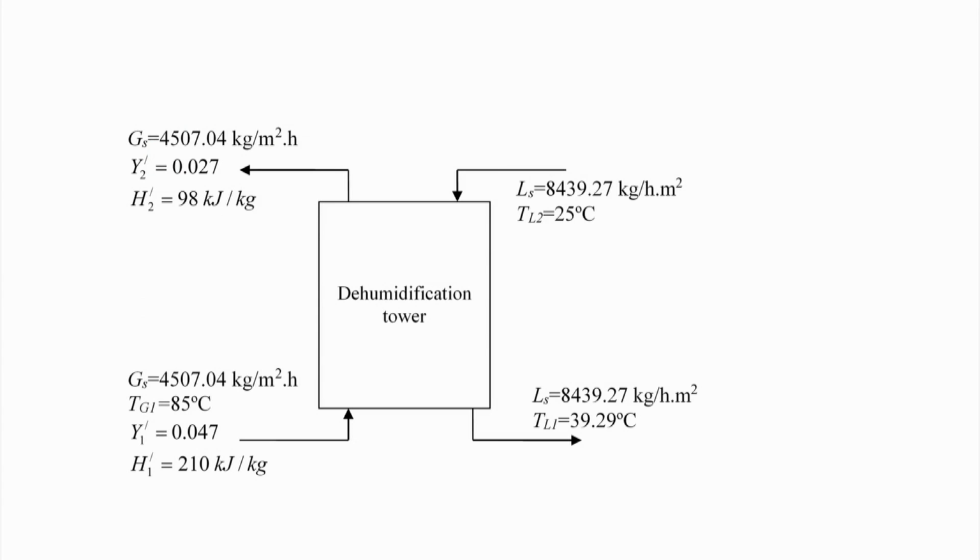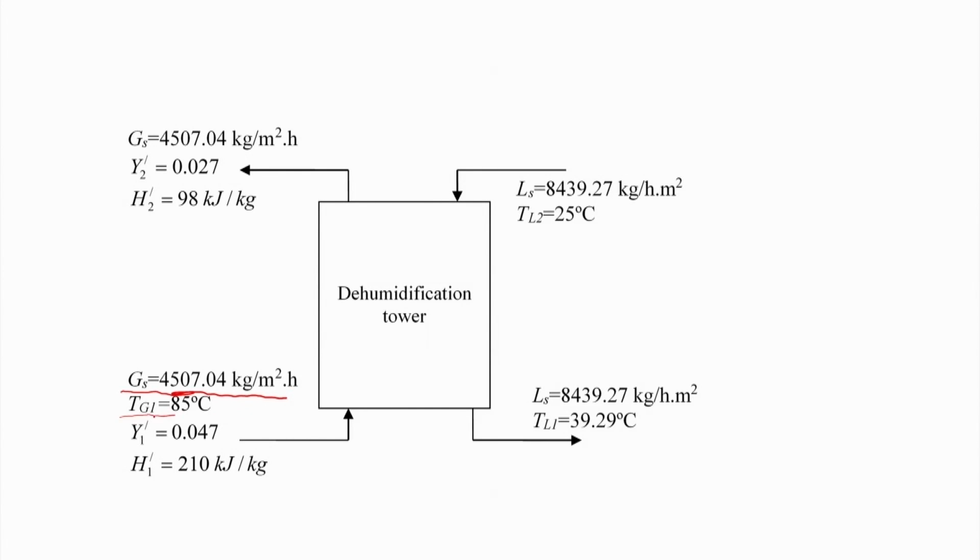So the area under the curve is obtained, and now the total system is like this. The gas flow rate is 4507.04 kg per meter square hour.